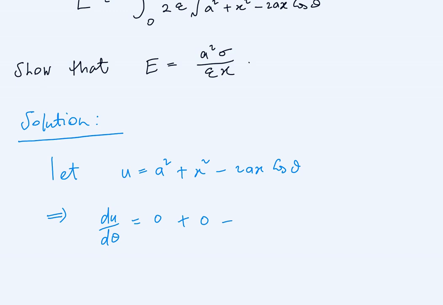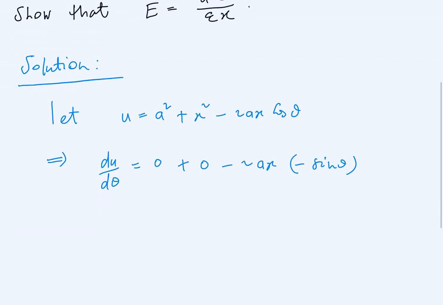And then we have minus 2ax multiplied by the derivative of cos theta with respect to theta, and that's going to be minus sine theta. By differentiating u with respect to theta, we have to differentiate each and every term of this expression. And when we do so, this is what we get.